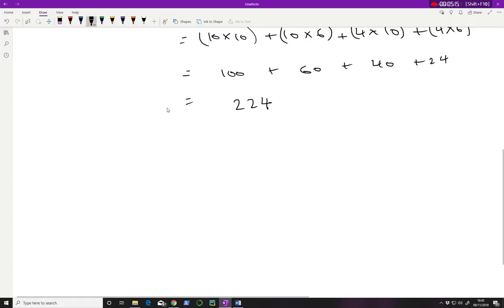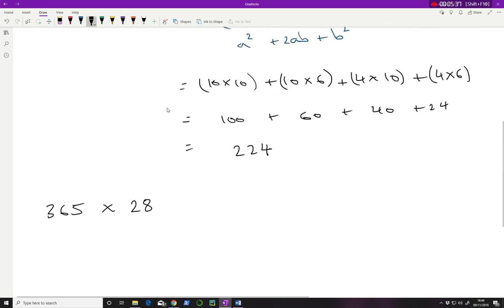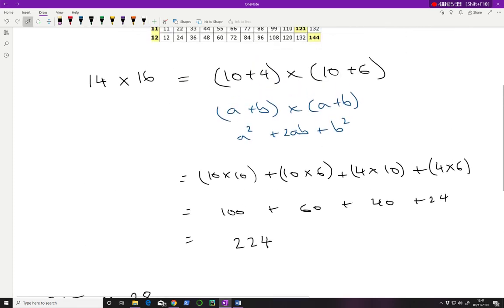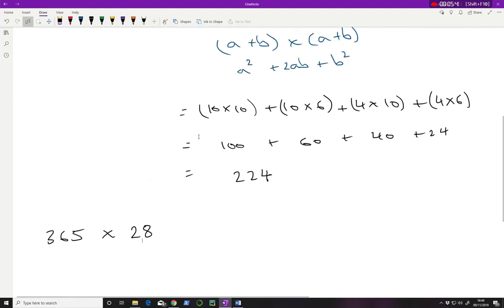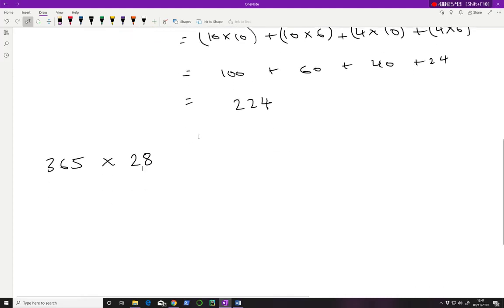How about I just, from the top of my head, 365. I came up with that number because there's 365 days in a year or something like that. I always mess up that number. Anyway, 365 times 28. Okay, this is a bit harder than simply splitting that up, but the same method applies.